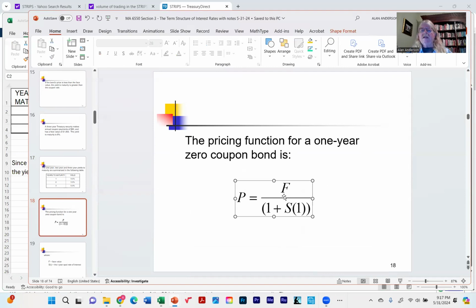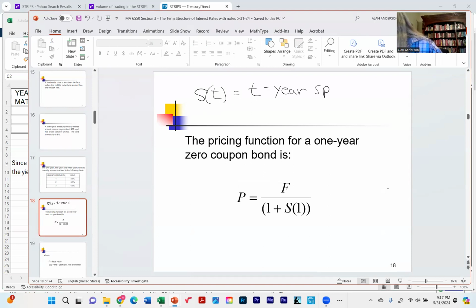Well, first of all, this is how we calculate the price of a 1-year 0. Now, if you notice, the notation has changed a little bit. We're going to use the letter S here to represent a spot rate. So S of T is the T-year spot rate. So we're discounting the face value, because that's the only cash flow, by 1 plus the spot rate, and that gives us the price of the bond.